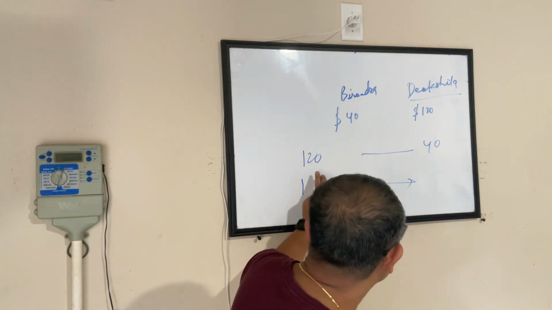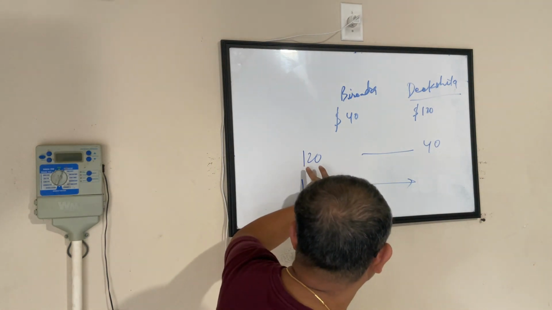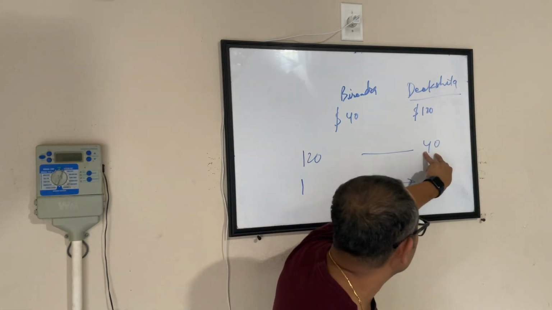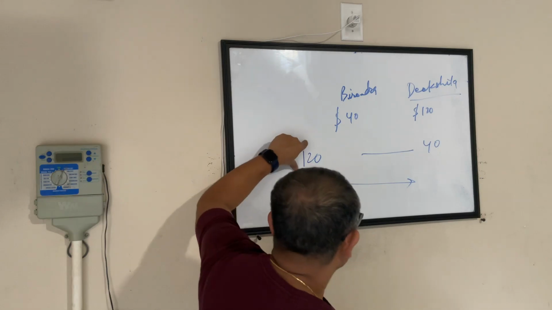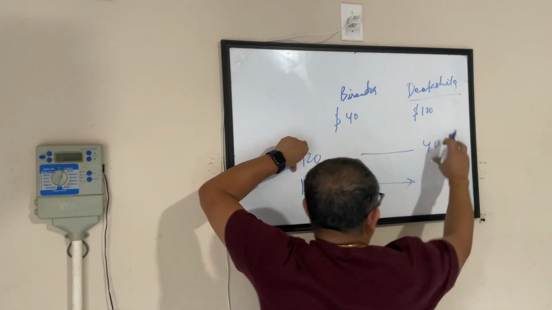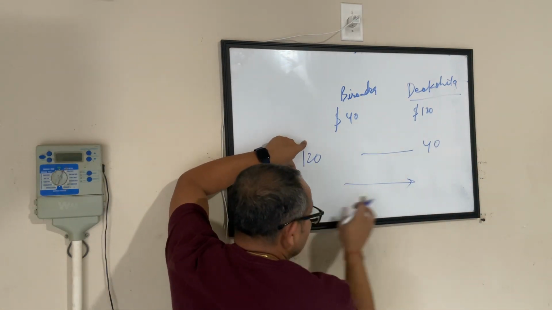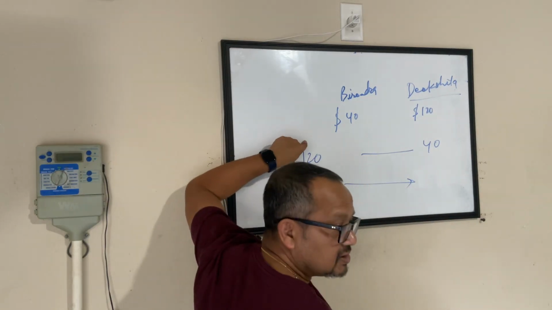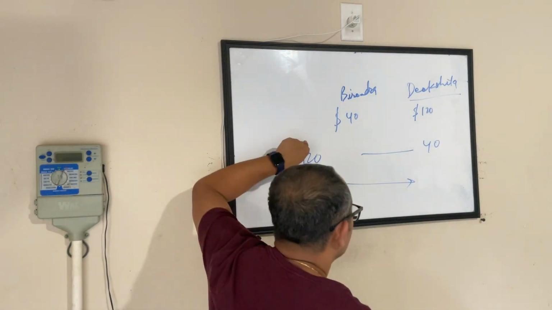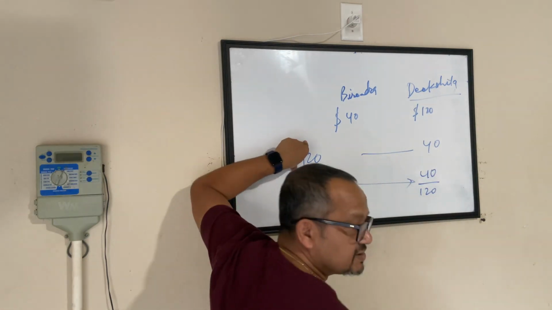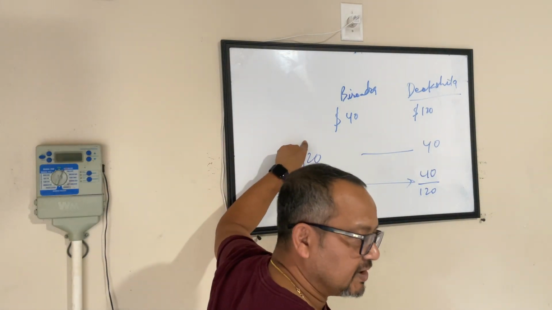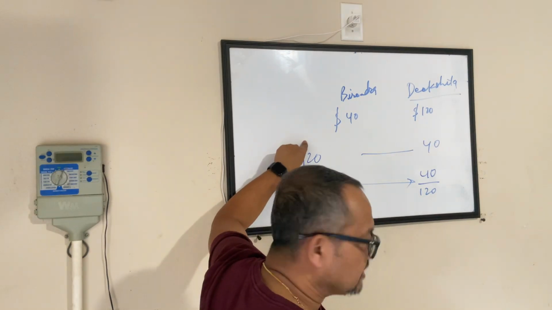If I have a deal with Dikshita, whatever she spends, if she spends 120, I'll spend 40. So what is the deal? If I go with the same ratio, if Dikshita spends $1, how much will I spend if I go by the same rule? 33 cents. Don't tell me that answer, tell me this answer. This is what I'm interested in. That is how you get 33 cents, correct?